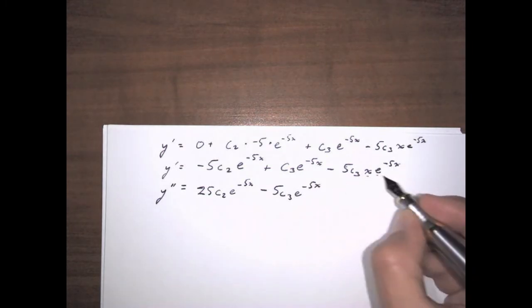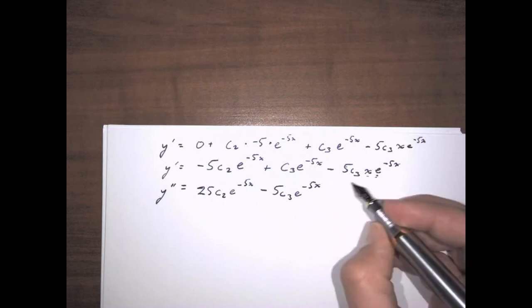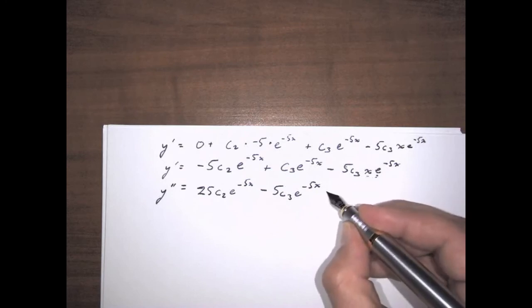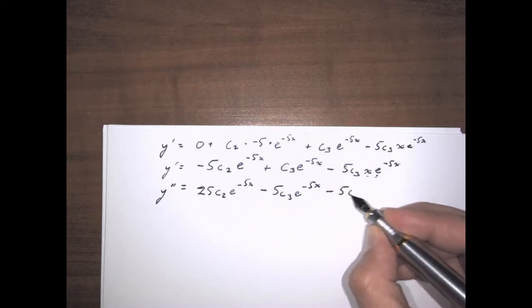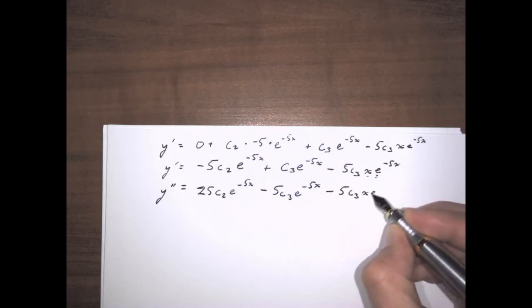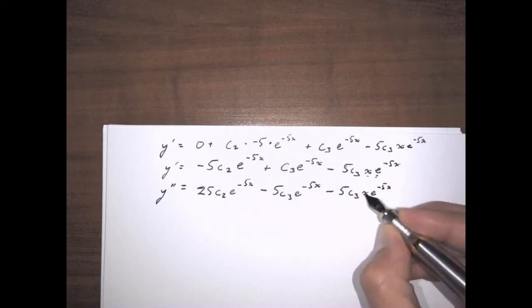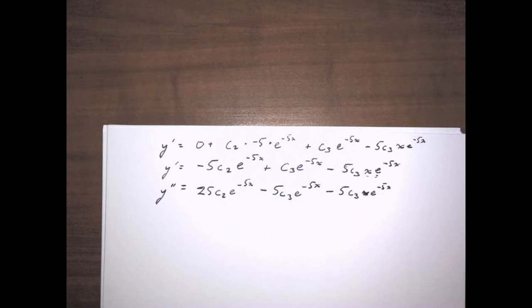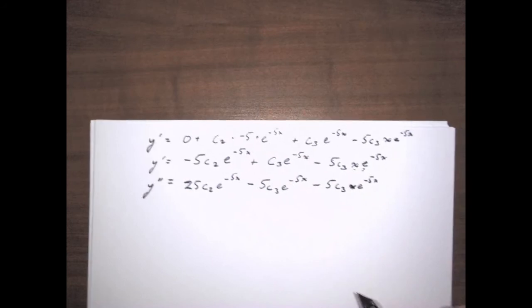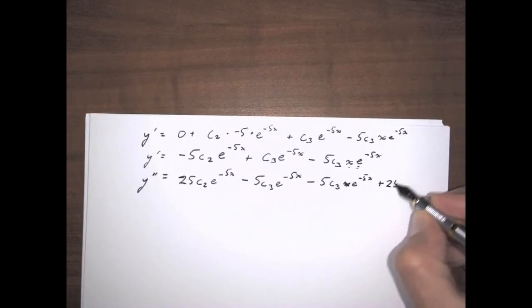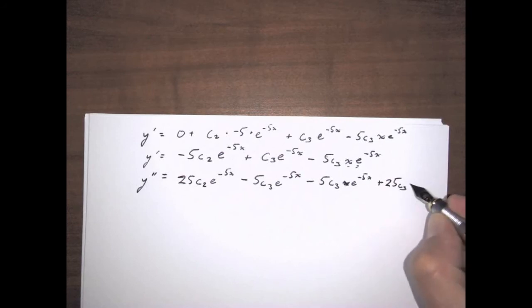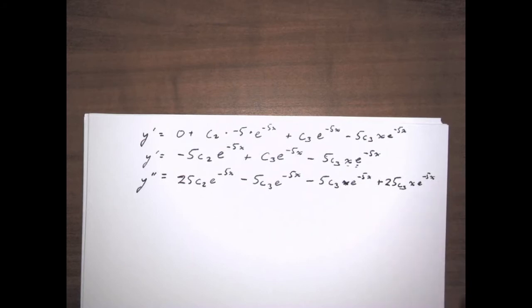Here, we're again going to need to do the product rule. So from the first bit, we're going to have negative 5 c3 x e to the negative 5x. Oops, sorry, the x was what we differentiated away this time. And then from the second term, we're going to have plus 25 c3 x e to the negative 5x, so that represents us differentiating the second factor.